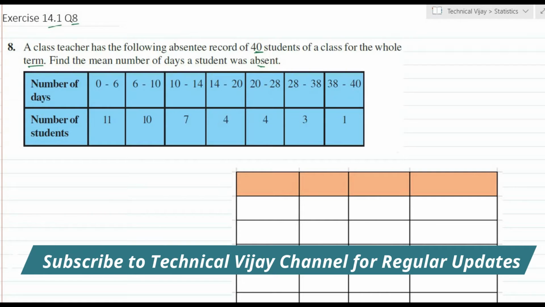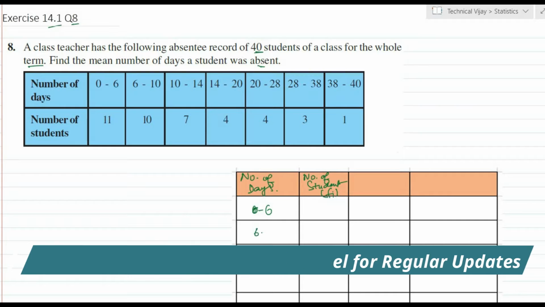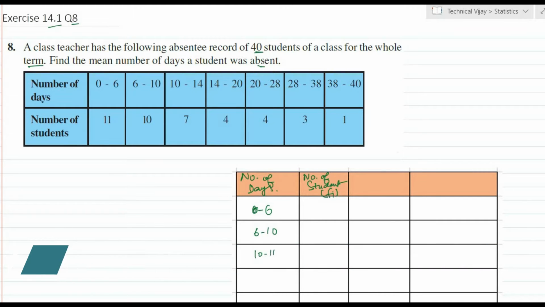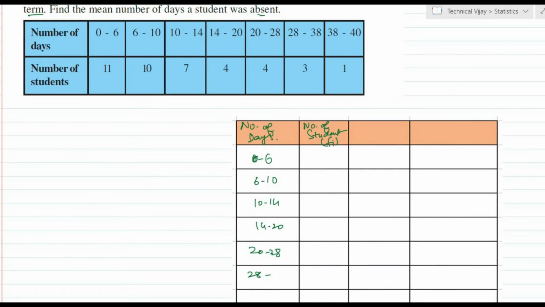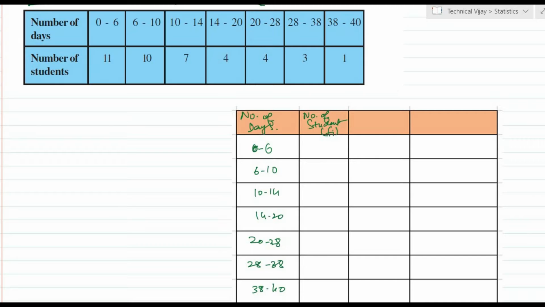Here I will write a table with the number of days and the number of students, that is the frequency. The classes are 0 to 6, 6 to 10, 10 to 14, 14 to 20, 20 to 28, 28 to 38, and 38 to 40. The frequencies are 11, 10, 7, 4, 4, 3, 1.